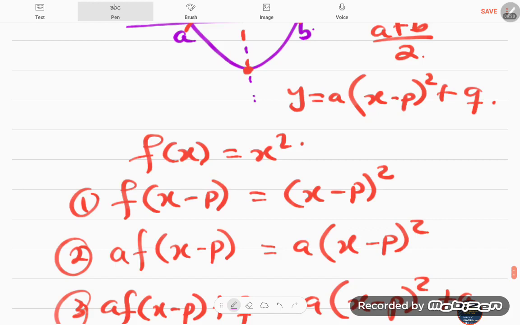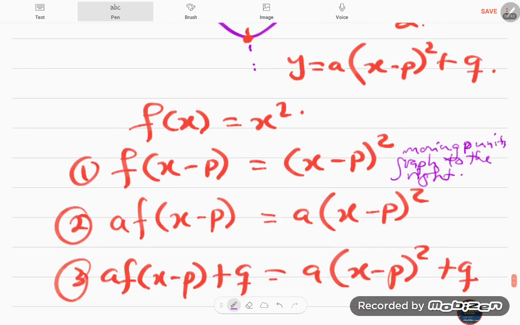The first one means that we're moving the graph p units to the right. The next one, because we're multiplying by a, means that we're stretching the graph by a units.